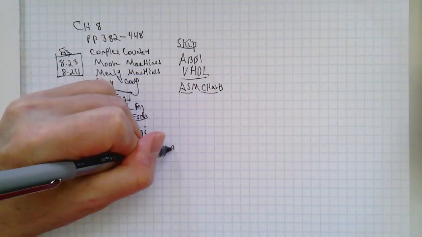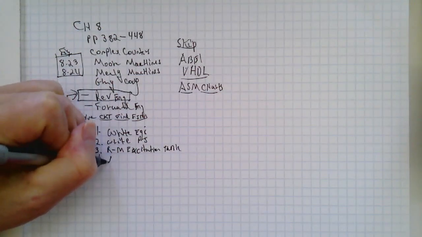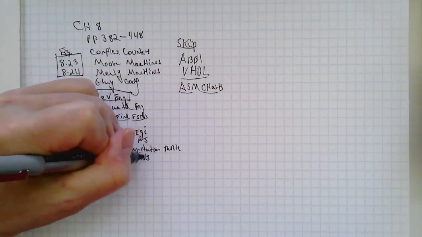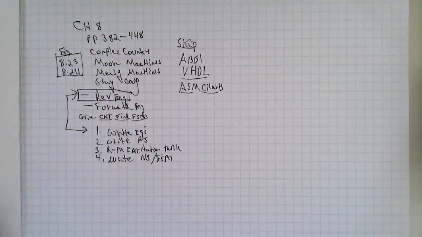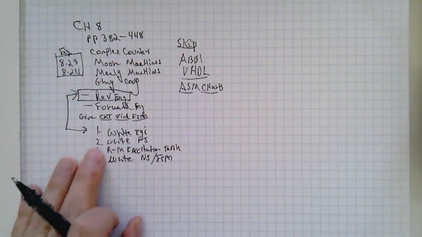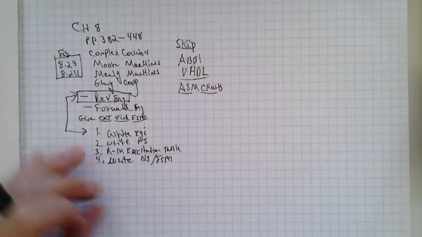And then you write the next state, the finite state machine. You need to go through these 4 steps. You can't skip a step, or else it just doesn't work. You'll find questions like that in homework 9.